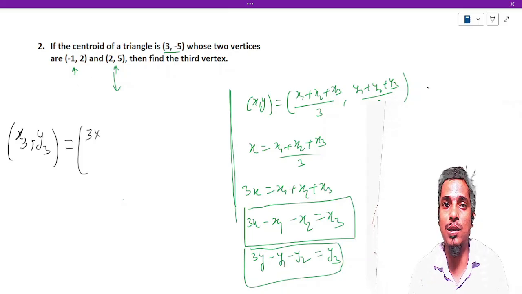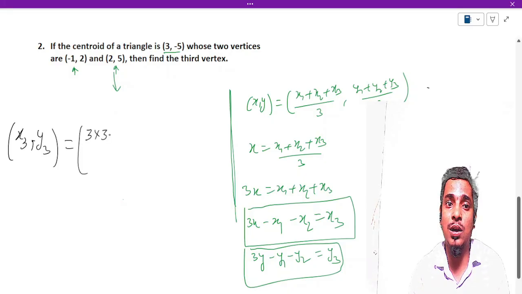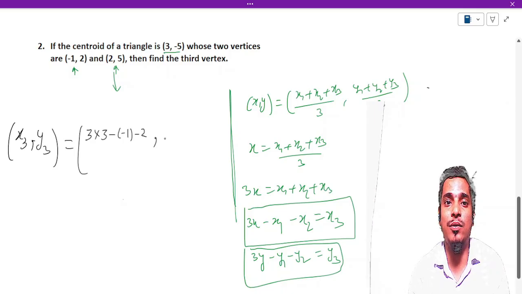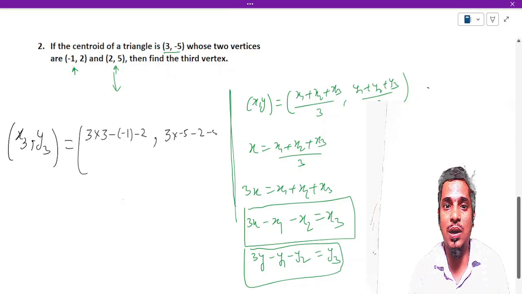The centroid is given as 3 comma minus 5. So 3 times 3, and we have to just subtract the x coordinates of the two given points. So this is minus minus 1 minus 2. Likewise, we can find the y coordinate, which is 3 times minus 5 minus 2 and minus 5.